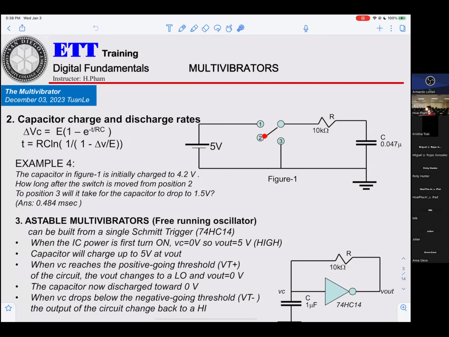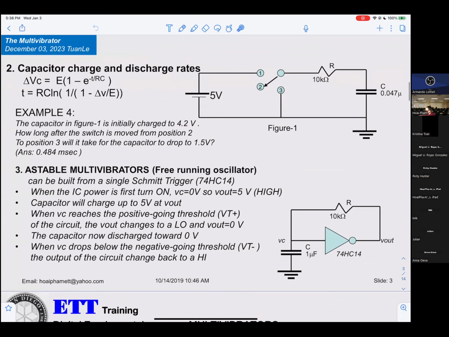When they move from number 2 to number 3, the voltage they try to reach means fully discharged, that means 0. Initially 4.2, and it is to become 0. So E will be 4.2 minus 0.